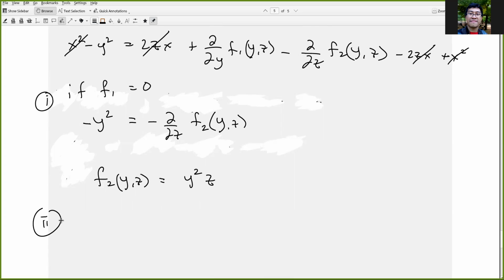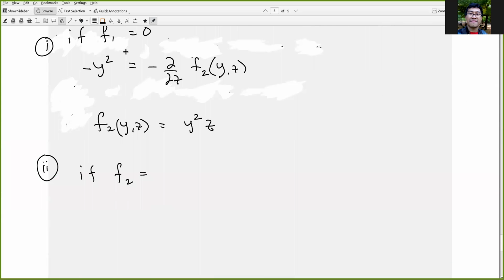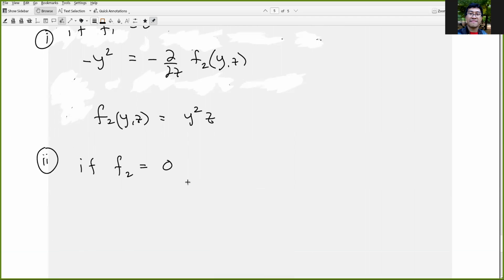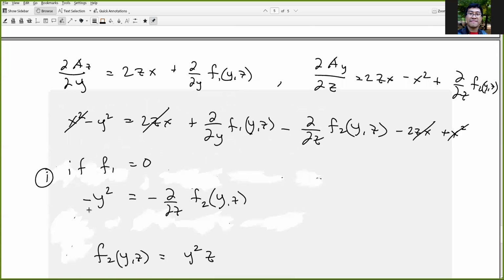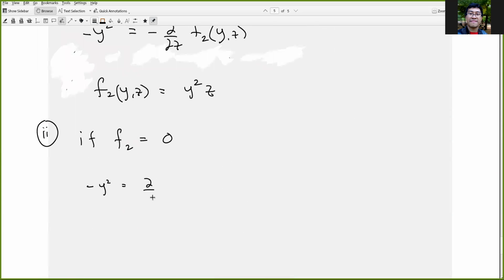Second possibility is if f2, by the way, these possibilities are really possibilities, which means that there are infinitely many values of a that we can get. These are just a few. So if f2 is 0, then you have y squared equals partial with respect to y of f1.